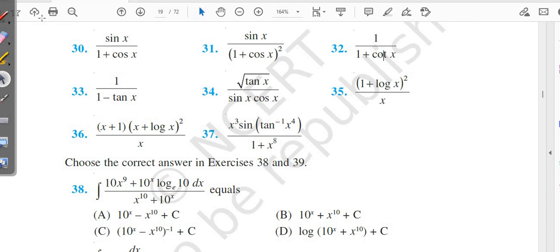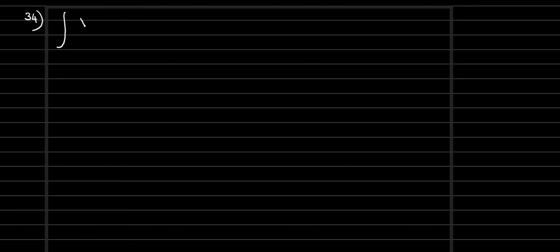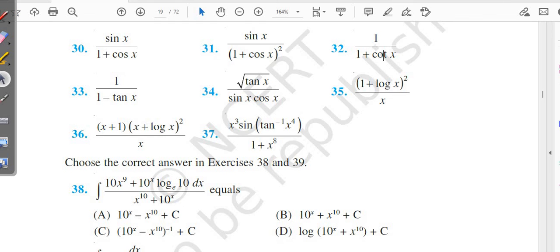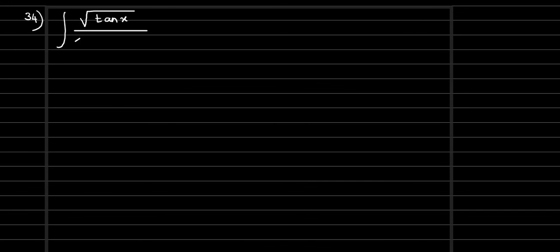Integral root tan x by sin x into cos x dx. So whether it is in the standard form? Obviously not. It is not in the standard form.